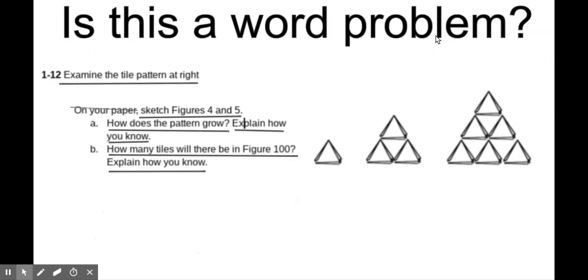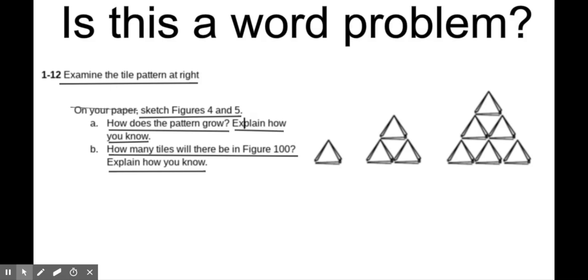So we're going back to our example of the word problem. And one thing that's already helping us is you already know what the questions and commands are. Of course, there's a fact there, figures 4 and 5, because that has a number in it. So that might be something that we would need to look at.